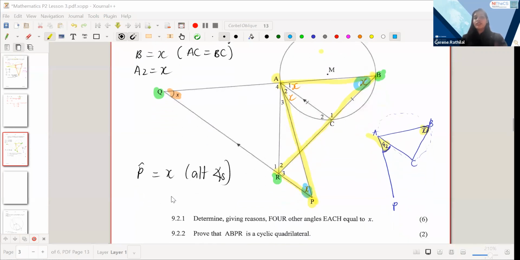And so therefore, using the result that I had just shown you, we can conclude that ABPR is a cyclic quadrilateral. Okay, so how would you have written that down?